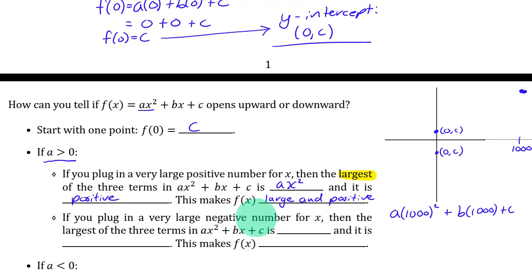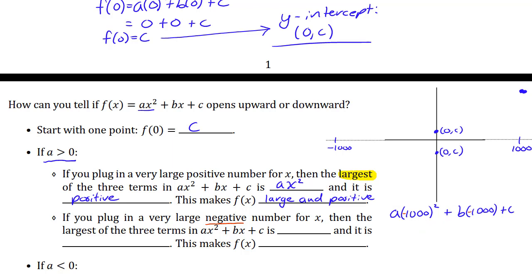And what if you plug in a large negative number for x? Like something way out here, like x is negative 1,000. Then when you plug that in, well, what's the difference here?